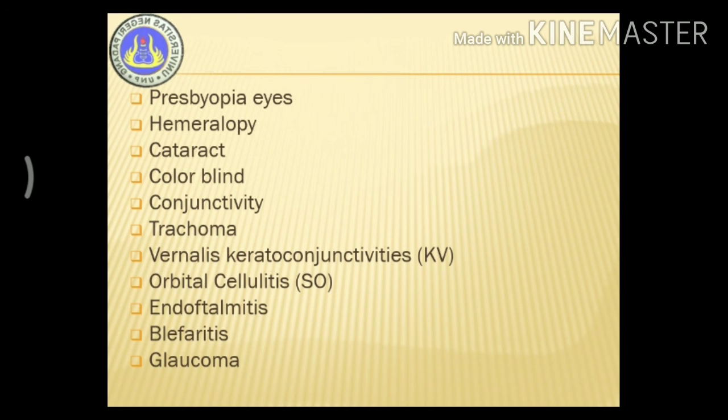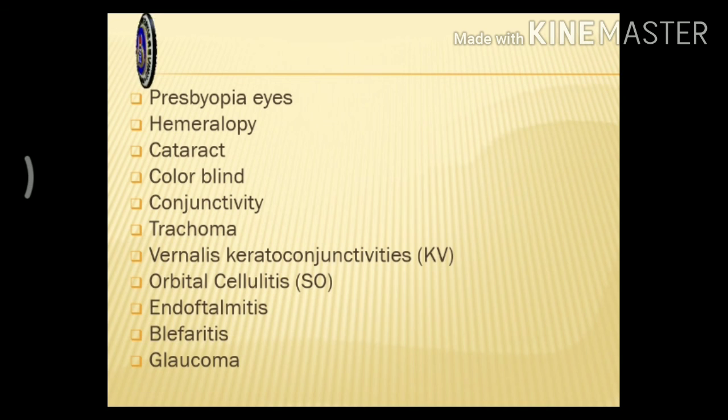Trachoma. Infection of the eyes caused by the Chlamydia trachomatis bacteria, breathed in a dirty environment with poor sanitation, and it can be contagious. Next, vernal keratoconjunctivitis. Irritation or inflammation of the clear membrane of the cornea as a result of allergy, which causes pain. Orbital cellulitis is a disease due to inflammation of the tissue around the eyeball.